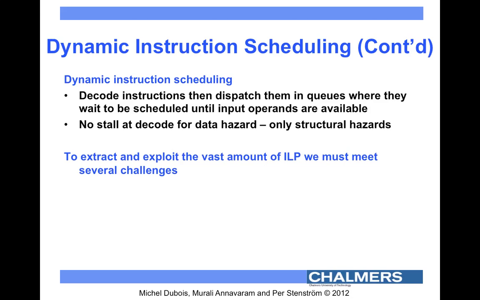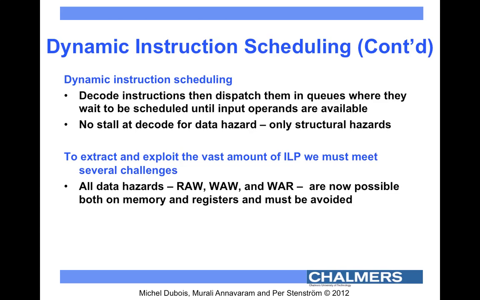To extract and exploit a vast amount of ILP, we must meet several challenges, okay? So first of all, we have to deal with all the data hazards, read after write, write after write, and write after read. They are now all possible, and it doesn't only concern register dependencies but also memory dependencies, and they must be avoided.